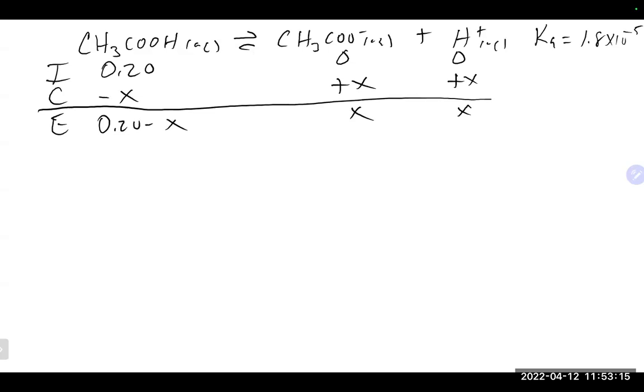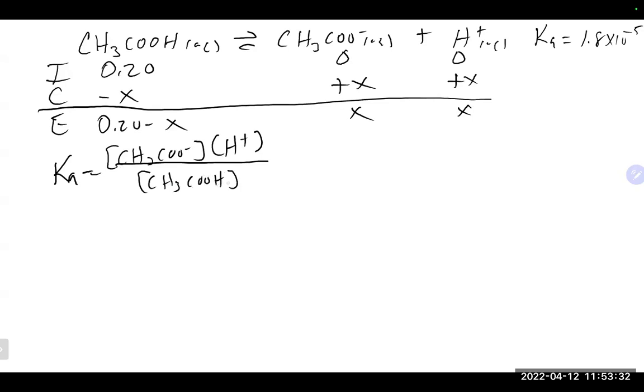Any questions on the ICE table here? This, like normal, will go into our Ka expression, which is our products divided by our reactants. That would equal x squared divided by 0.2 minus x equals 1.8 times 10 to the minus 5.